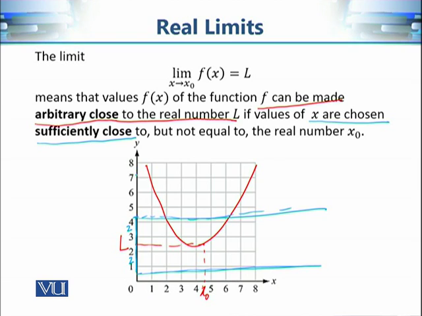Sufficiently close means we need to find some neighborhood, some values which are close to this x naught, such that the functional values inside this neighborhood lie between these two lines.